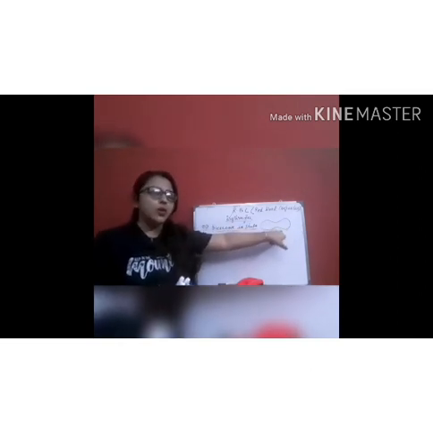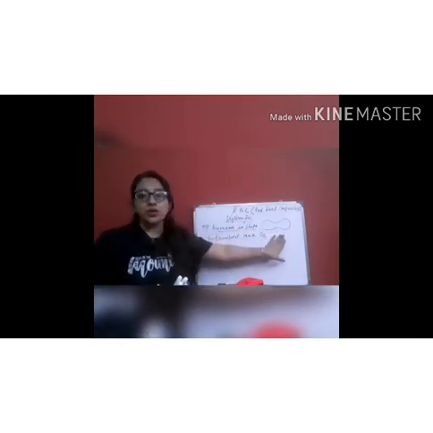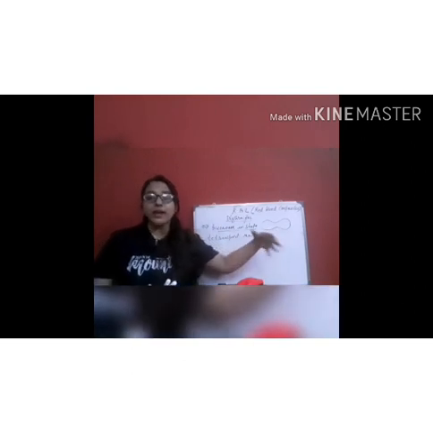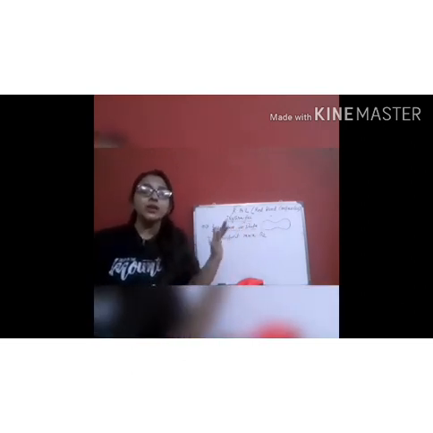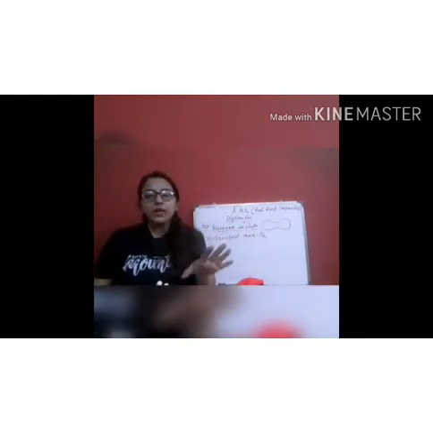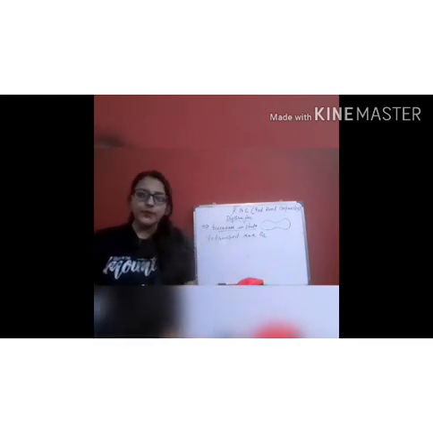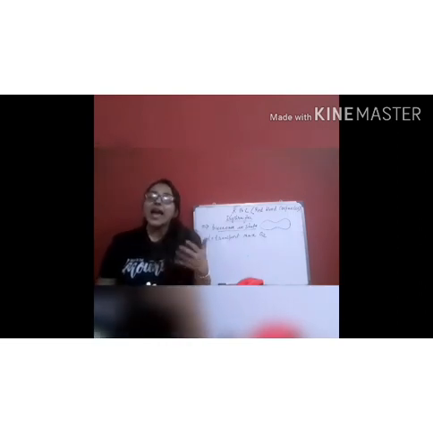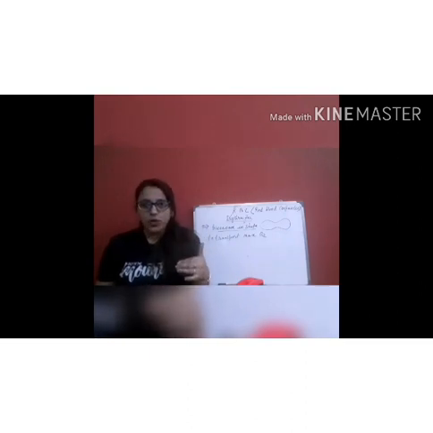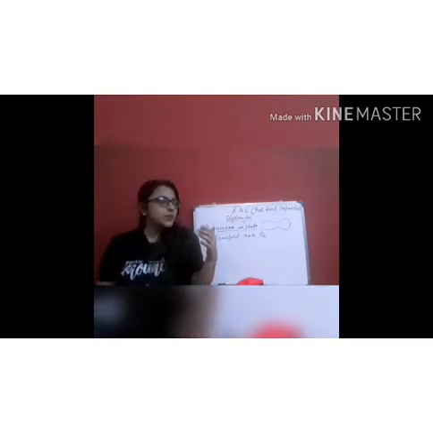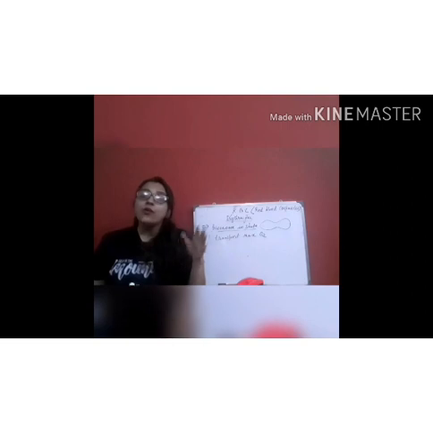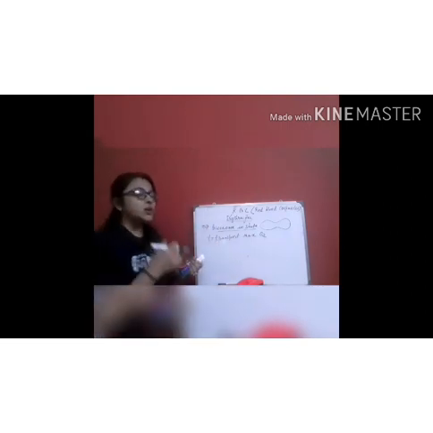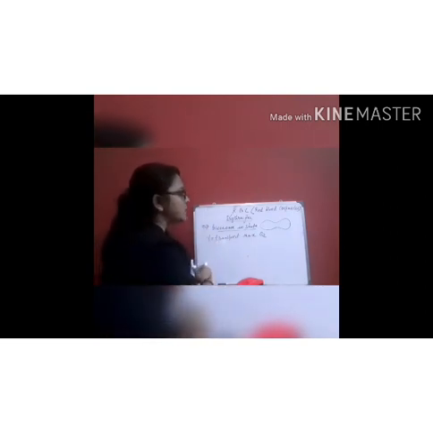Now the next question, which is also very important: why do RBCs not have a nucleus and mitochondria? When RBCs are formed, they have a nucleus and mitochondria, but as they mature, they lose their mitochondria and their nucleus. Why do they lose the nucleus?